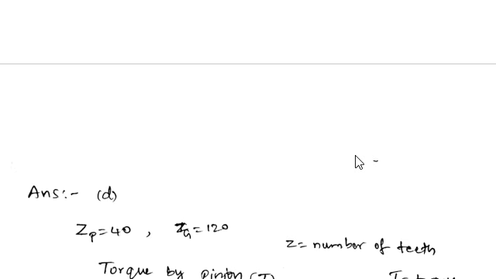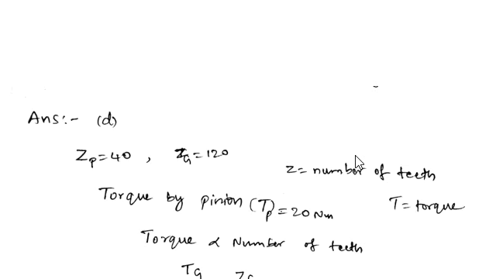If you see, torque is directly proportional to the number of teeth for a gear drive, when two gears are in mesh. With respect to the two gears, torque has a direct relation with the number of teeth. Why? Because when two gears are in mesh, the module is the same.